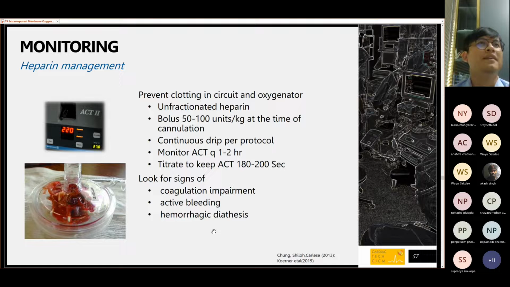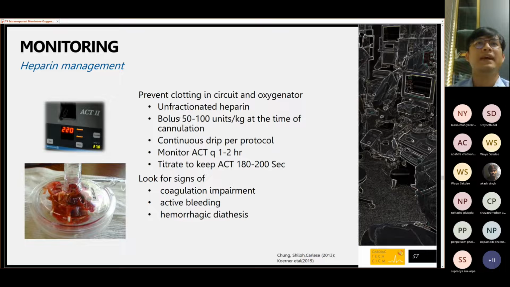Another thing that we always need to observe is the anticoagulation management parameter that we use, which is ACT, 1.5 to 2.2 times above the baseline, as we also use aPTT.